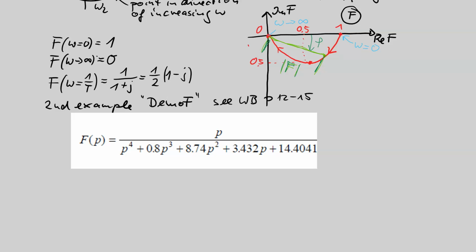All coefficients are available down to 14.4041. This is the Demo F function I use to demonstrate more complex filter functions than a simple first order system. The polar plot of this curve can be seen in the workbook.